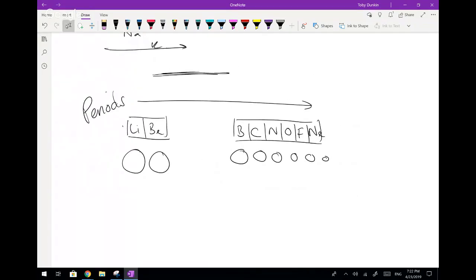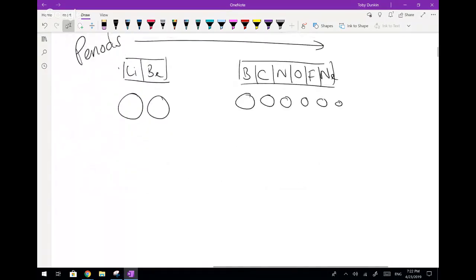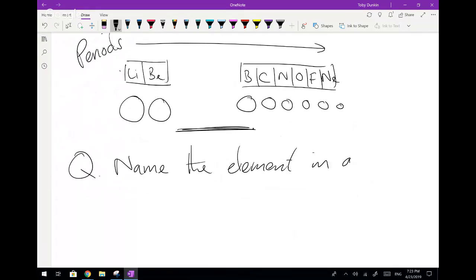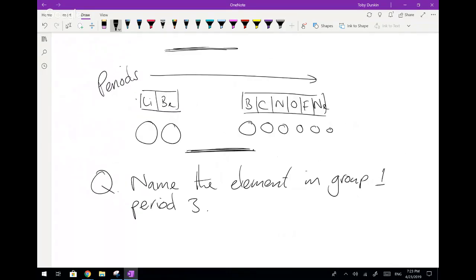All you actually need to know is that the periods go across. People often ask, how can they put that in a question? The question would simply be: name the element in group 1, period 3. They're testing your understanding of what these words mean.